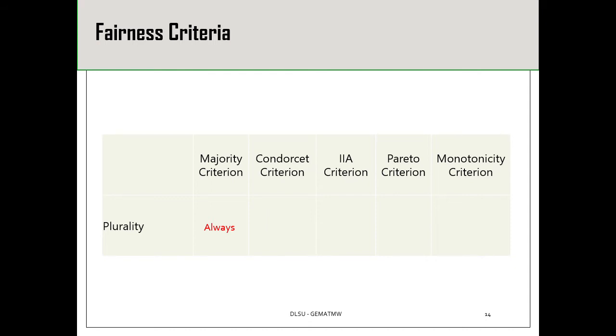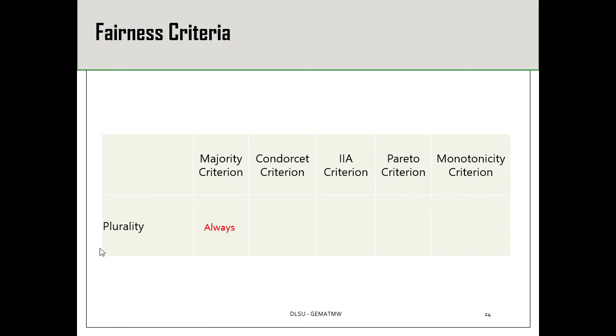And we see that that situation is happening in plurality method always. Now, if there is no candidate that is voted by majority as first place, then there's no need to check majority criteria. So according to majority criterion, plurality is quote unquote fair.